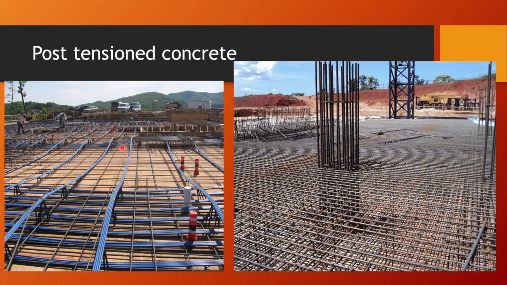Whereas this one has far less, but the tension is put on after the concrete is poured, and the tension is increased week by week until it's got maximum tension on it, and then the tendons are cut off at the end of the slabs. This allows far less steel to be used, and it's far stronger as well when you're looking at that type of construction.